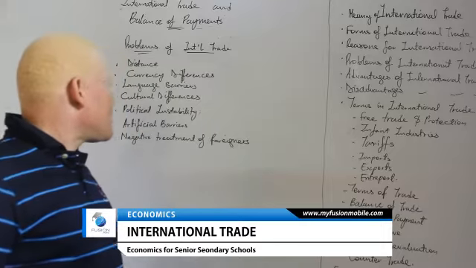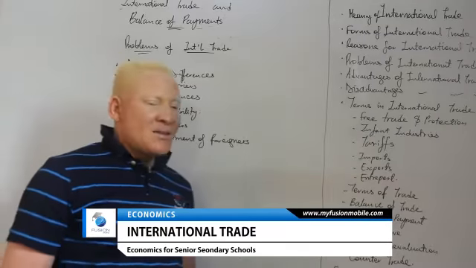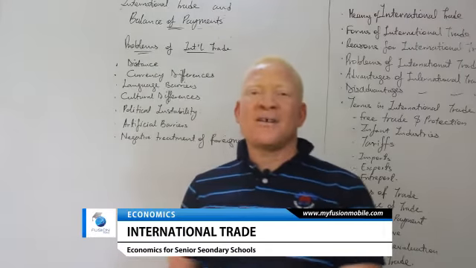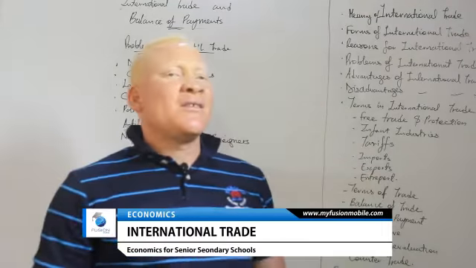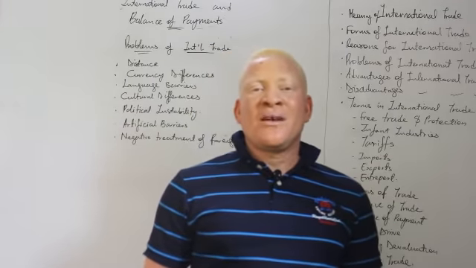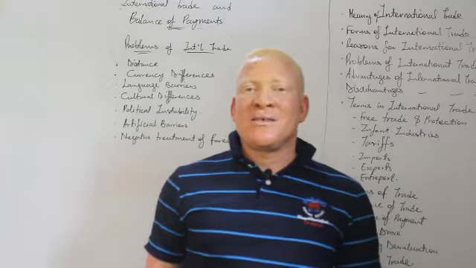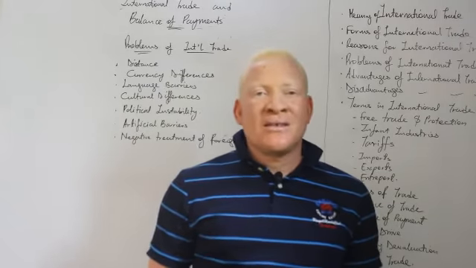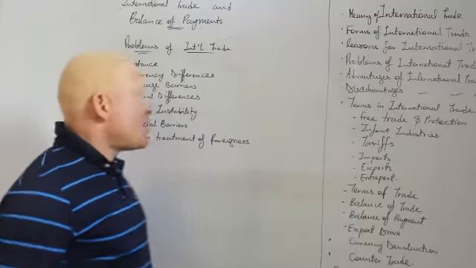Then the next one is negative treatment of foreigners. In the specific case of xenophobic attacks and so on, where foreigners are not treated properly or with enough hospitality, international trade is hampered.